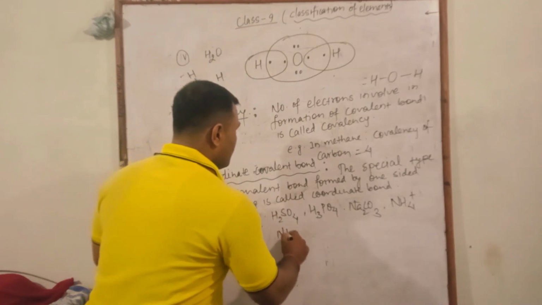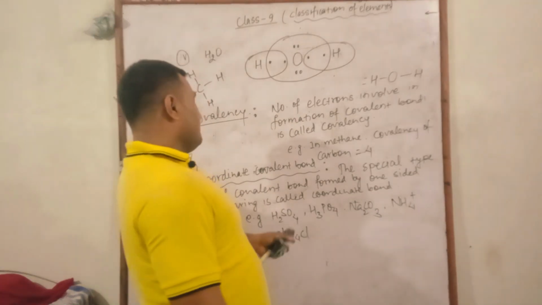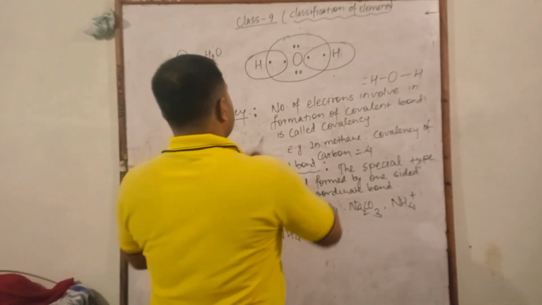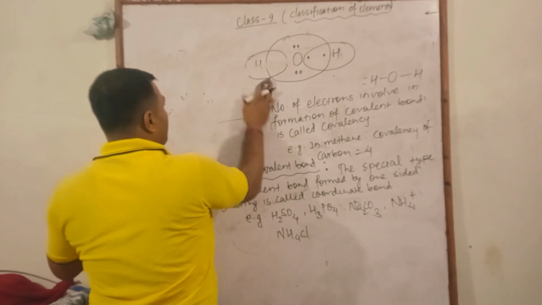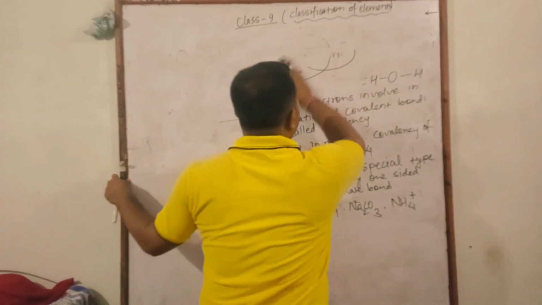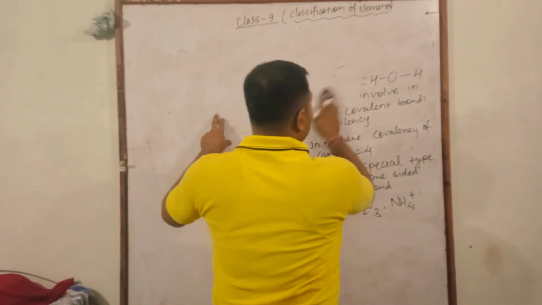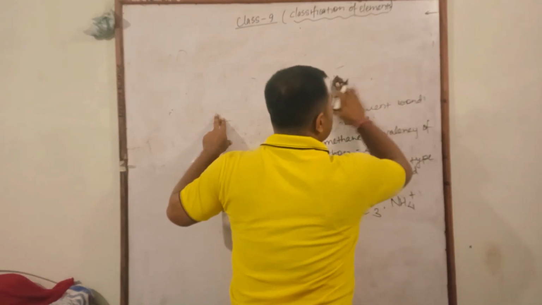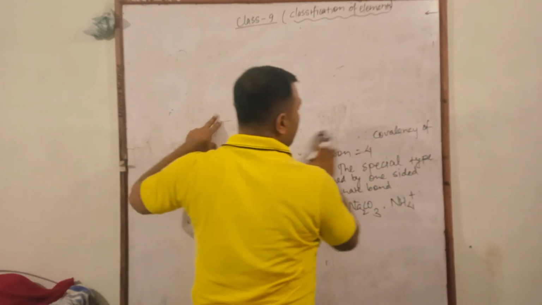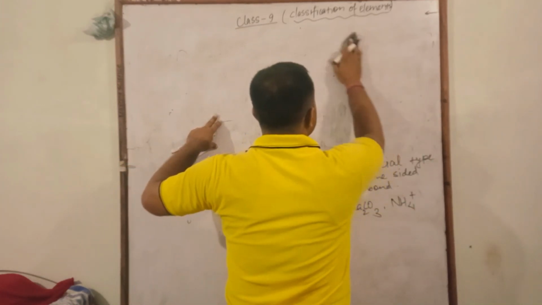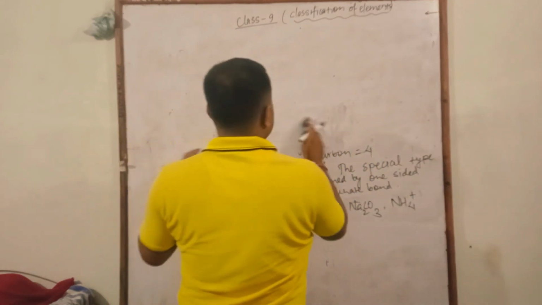In NH4 ammonium chloride, coordinate bond is present. It contains both types of bond, covalent bond and the special type of covalent bond, the coordinate bond.